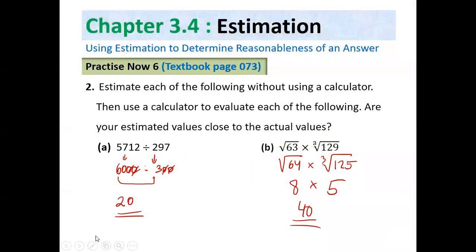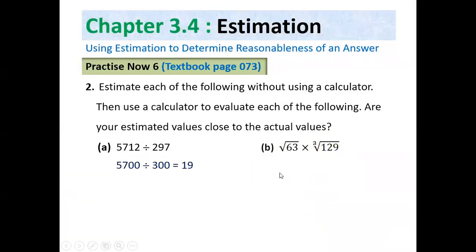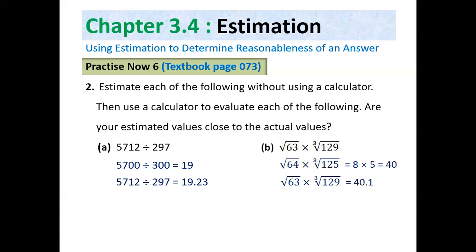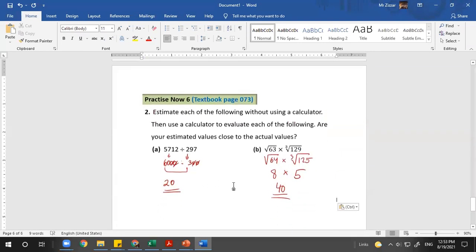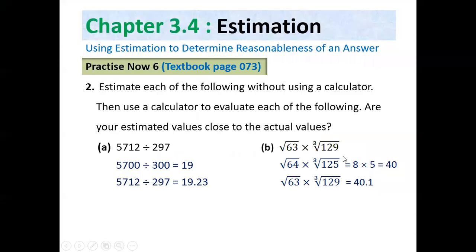This is simple. Okay, they just put 5,700. Again, it's okay. I want to increase to 6,000 to make it more simple, no problem. So we have room for different answers. The different answers are acceptable, depending on how you want to round the number, right?